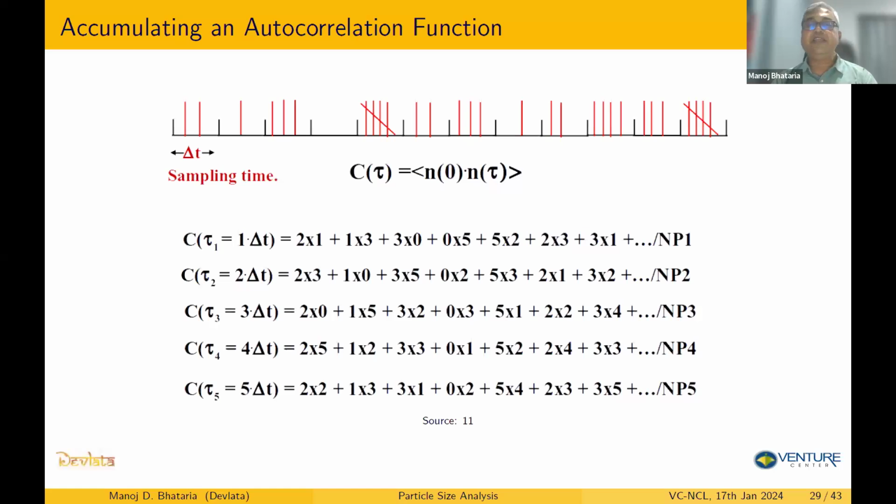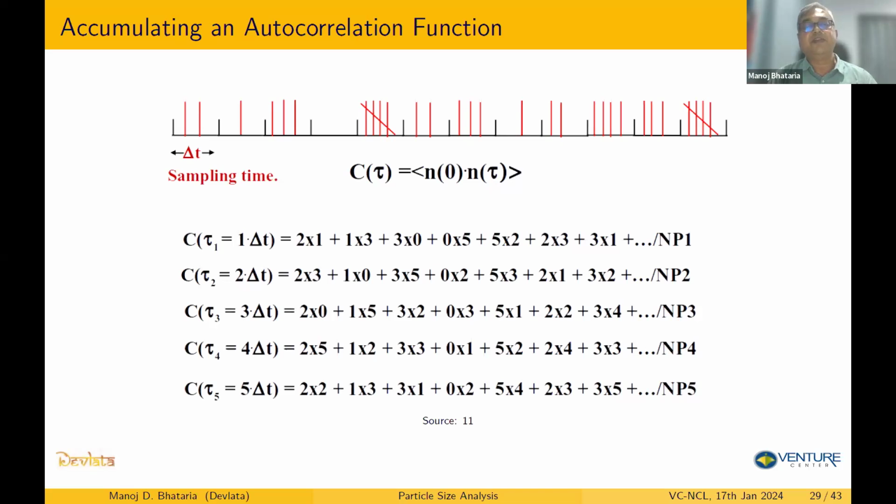So if you look at the intensity pattern and you divide the pattern in terms of sampling time of, say, delta t equal times, each of these red vertical lines is like a photon appearing on a detector. So in the first sample time delta t, you have 2 photons appearing, then you have 1, then you have 3 photons appearing.